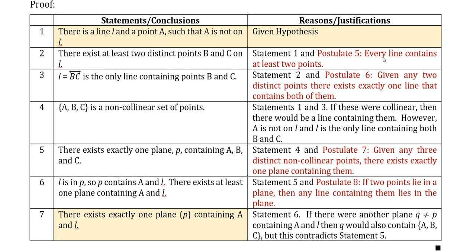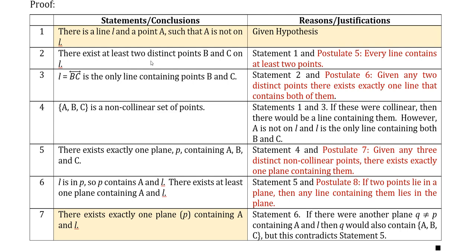But how do we know there is a line? Well, that's in statement 1. So we have to establish the hypothesis of postulate 5 in an earlier statement to be able to use postulate 5 to get the conclusion of postulate 5 as our second statement. So notice that the reason is statement 1 and postulate 5.